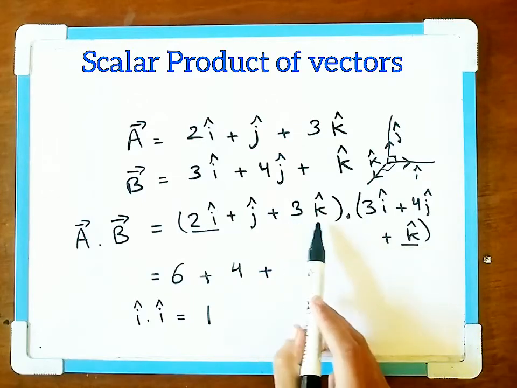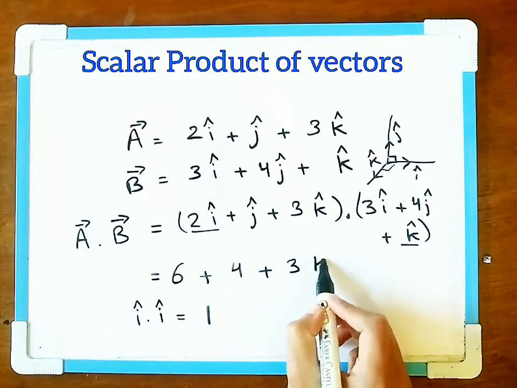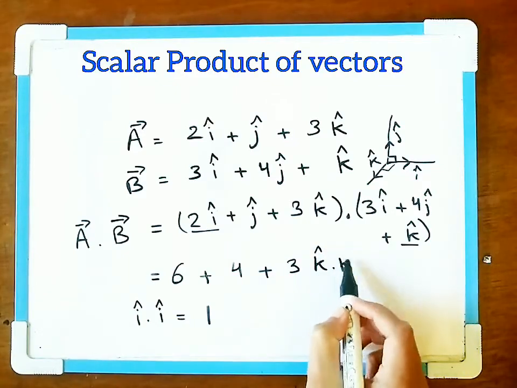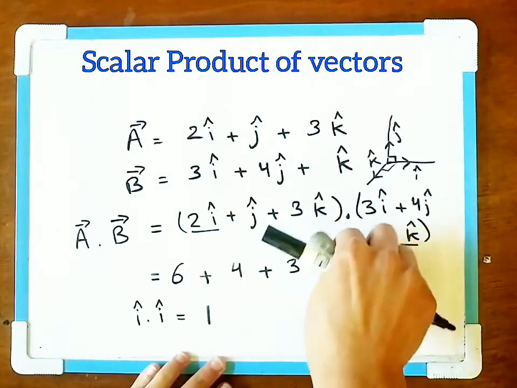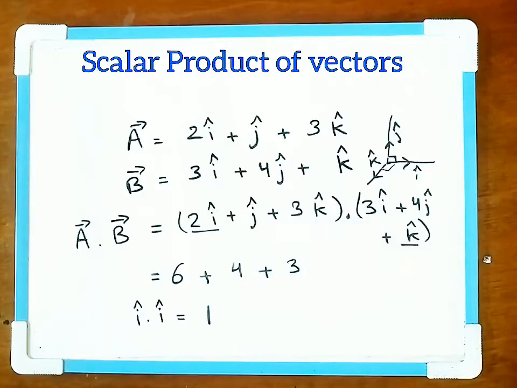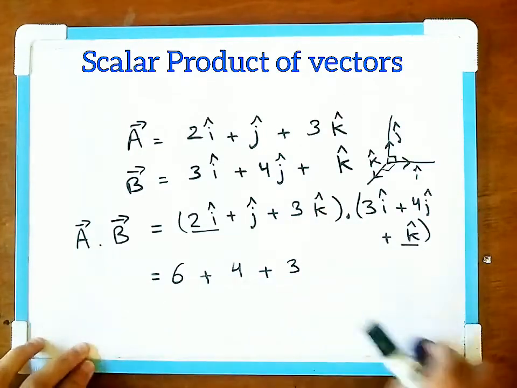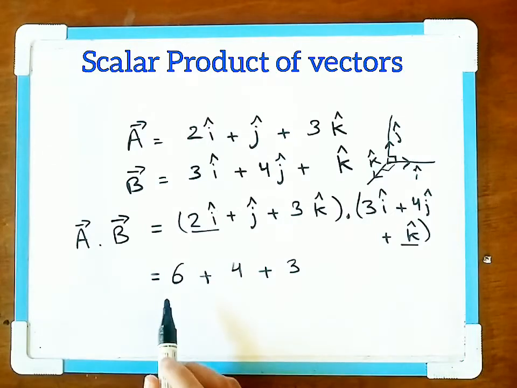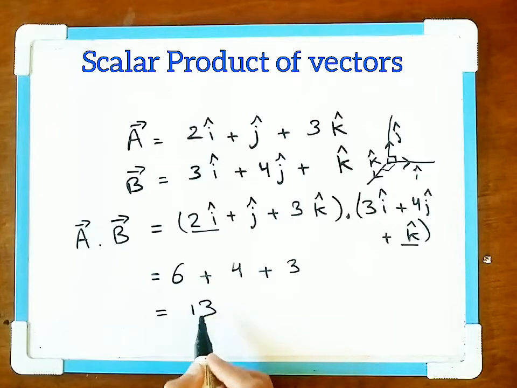So here we have 3k dot k, this will give you 3 k cap dot k cap. Again here k cap dot k cap will be equal to 1. Hence we have the following: 6 plus 4 plus 3 will give you 13. So here A dot B is equal to 13.